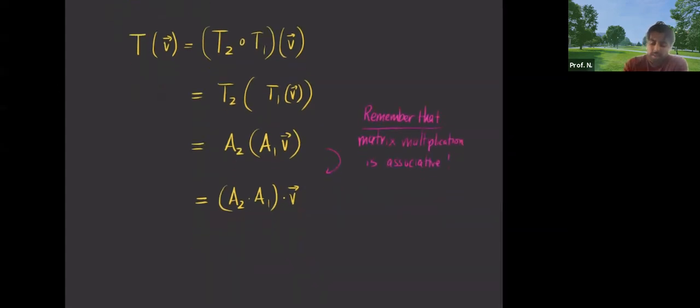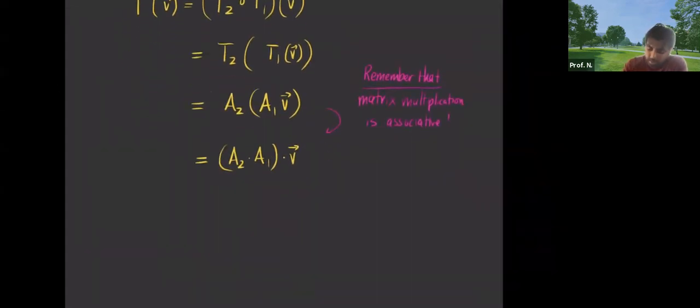So then what is A1 times A2 really? And remember, the order matters, right? So A2 is what? 0, 1, 1, 0. And what's A1? 1, 0, 0, -1. So when I multiply this out, what am I really saying?